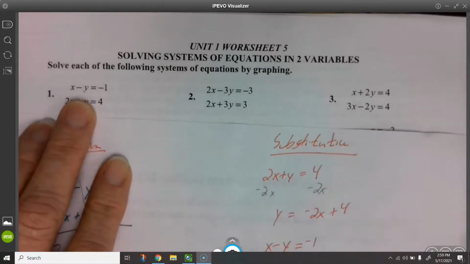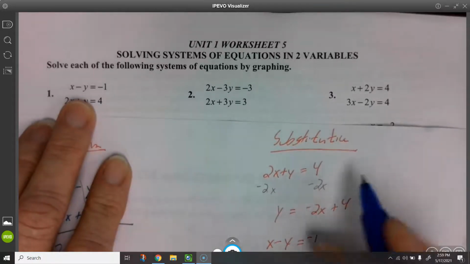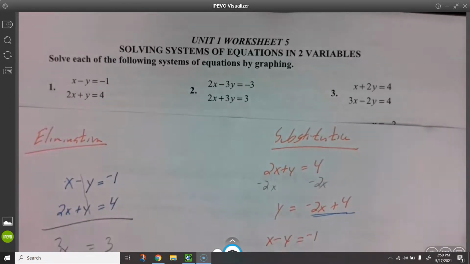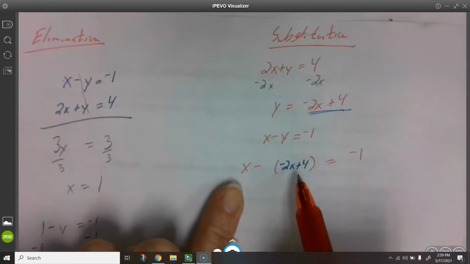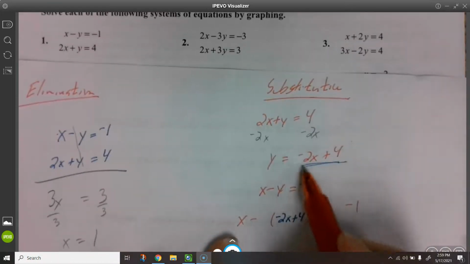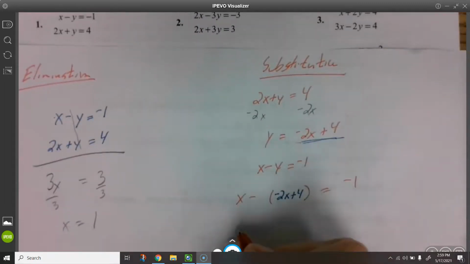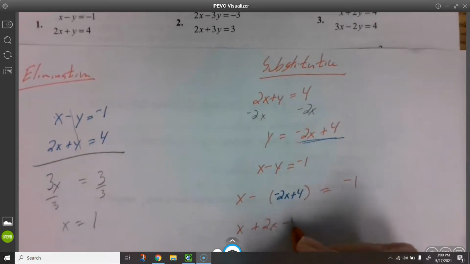So in place of y, I'm going to put parentheses and plug in what we just found y was equal to: negative 2x plus 4. Now we have one variable, one equation. We can just solve the equation. Don't forget to distribute your negative there. Combine like terms.